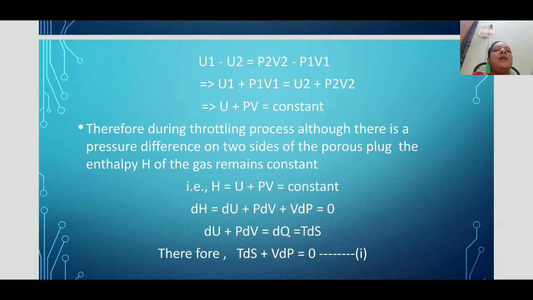This is the main equation in the Joule Kelvin effect: U1 minus U2 is equal to P2 V2 minus P1 V1.